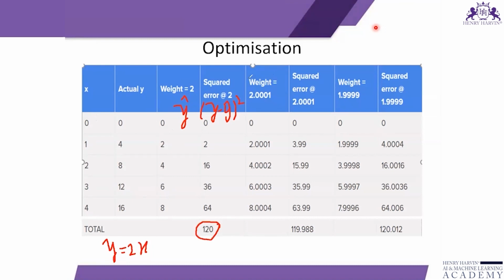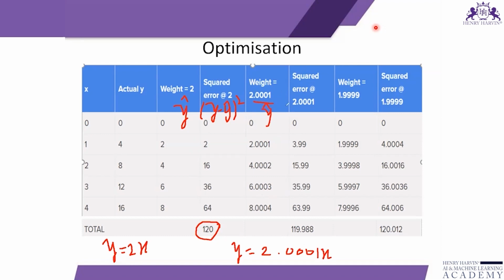Now what is being done? The weight is slightly updated, increased by 0.0001. So what is the equation now? Y is equal to 2.0001x. Now these are the predicted values of Y hat in which the weight is this.